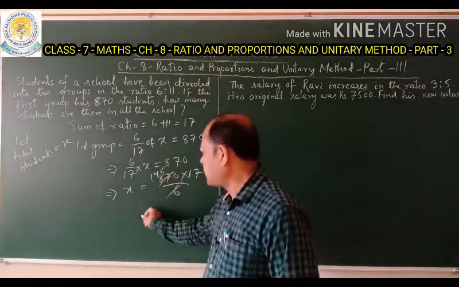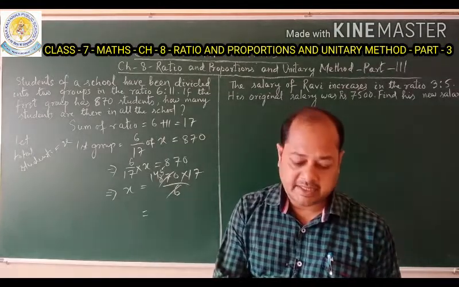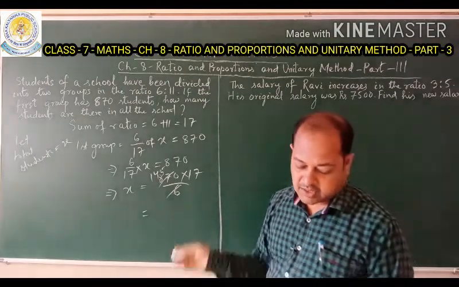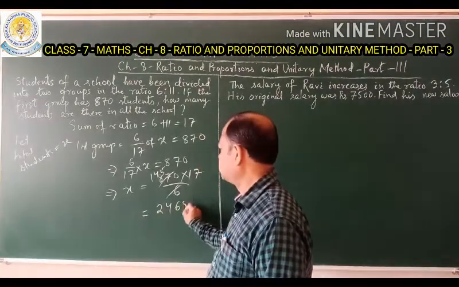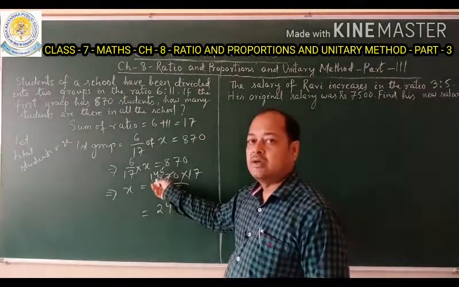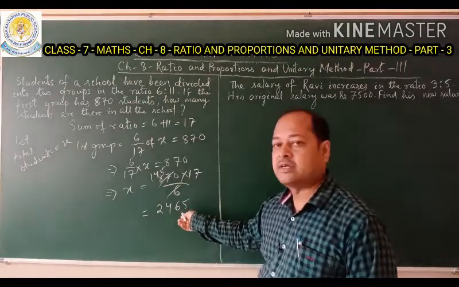So 145 into 17. So 145 into 17 is how much? That will be 2465. When you multiply 145 with 17, we are getting 2465.